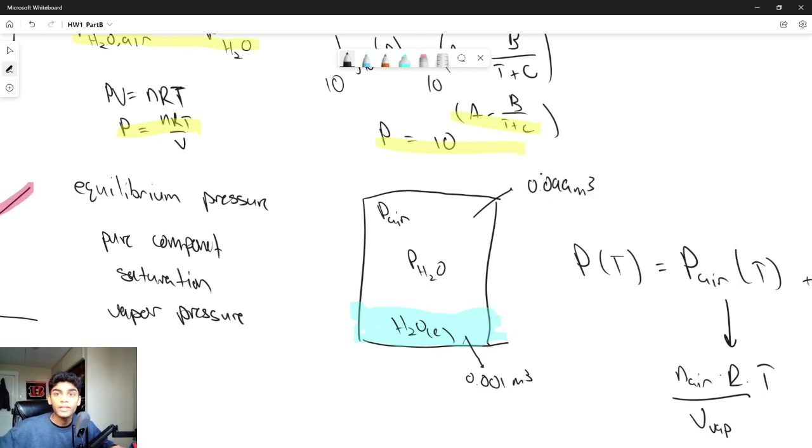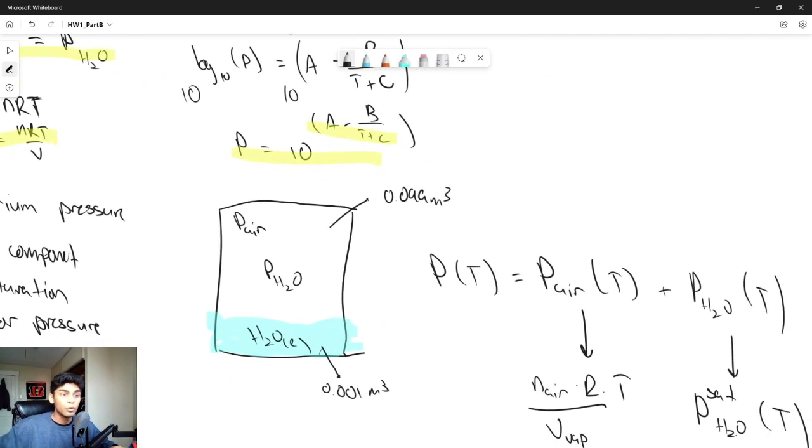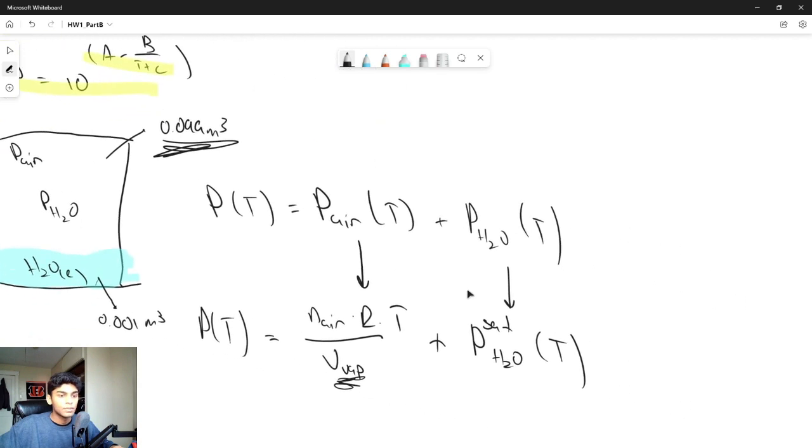So we can get the volume from there, and this is the volume we'll be using. But as you can see, we now have a new equation for the total pressure.